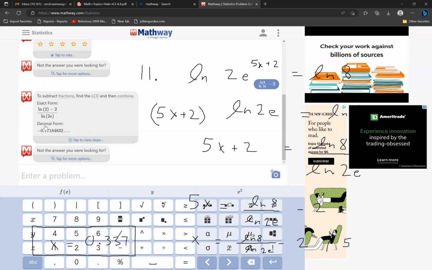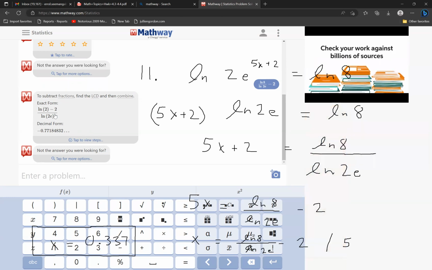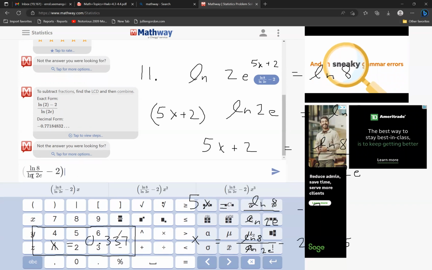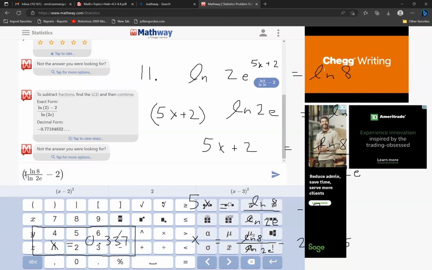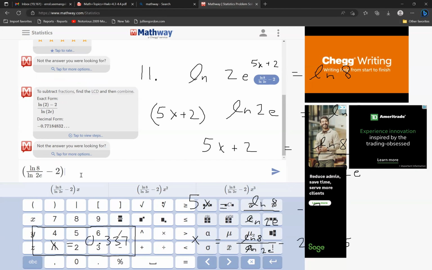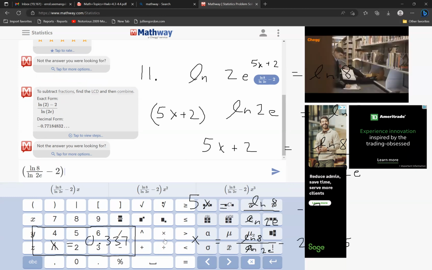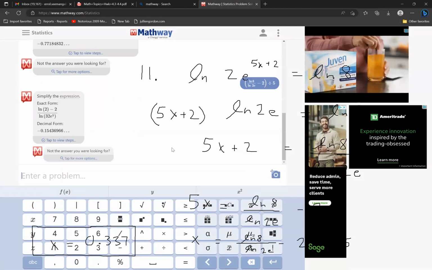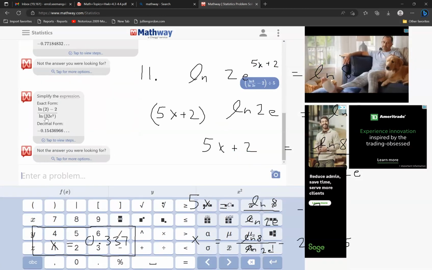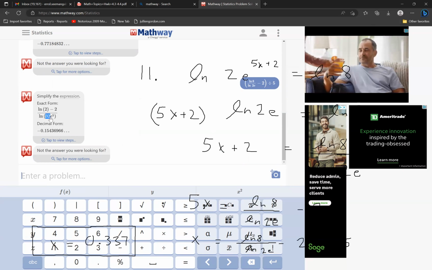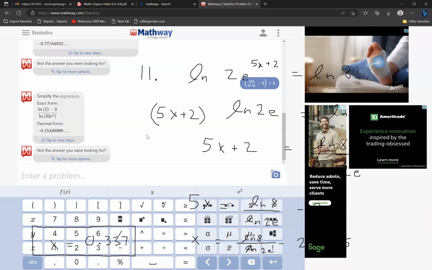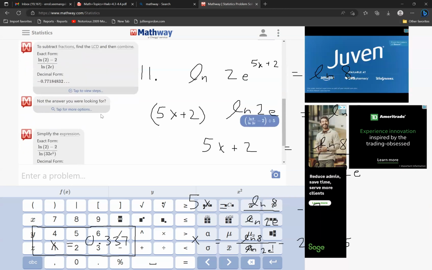One second. If I just do it like this and put the brackets there, and divide by 5 and solve. Why does it say 32 there? I don't understand why it says 32 there. That's not what I want.